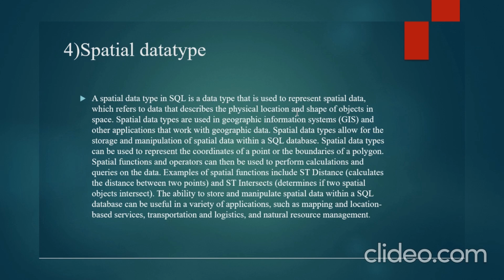In a SQL database, the spatial data is stored and manipulated using SQL functions. Some examples of its use are mapping and location based services, transportation and logistics, natural resource management, and so on.